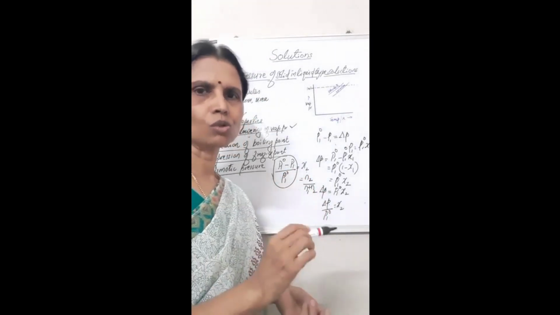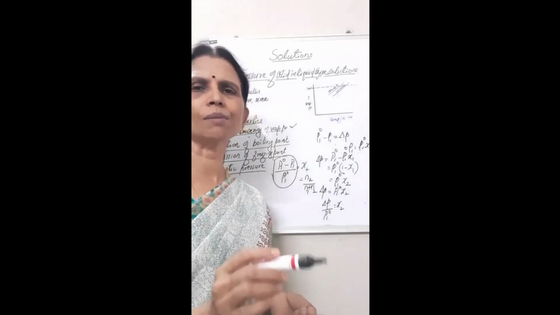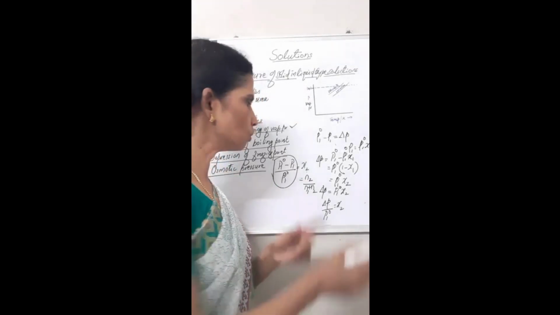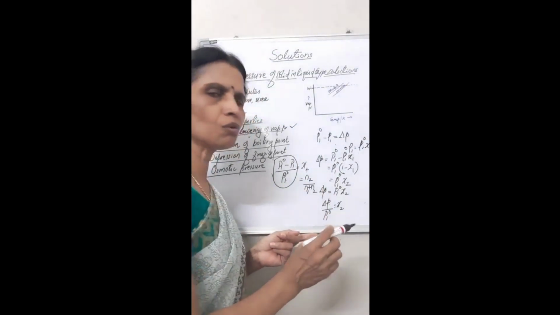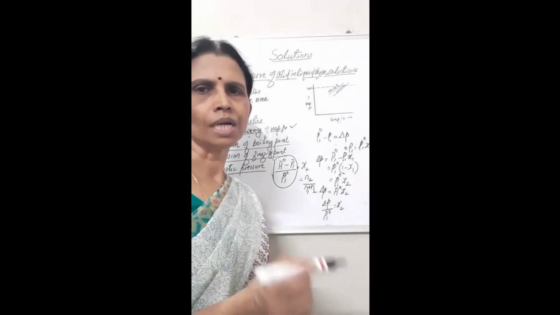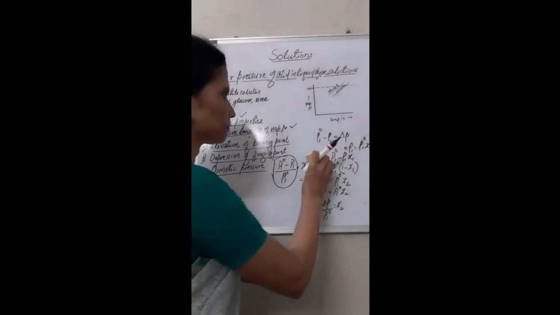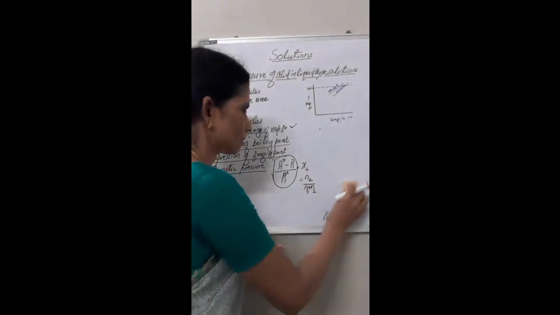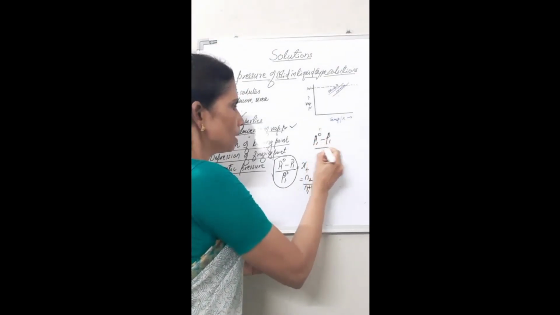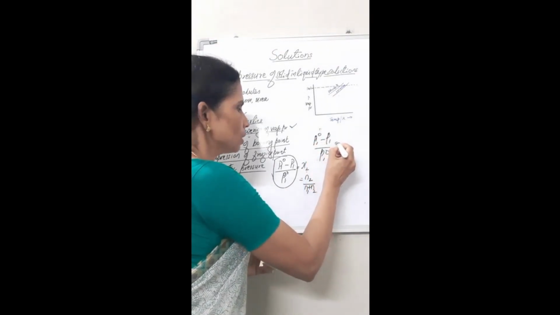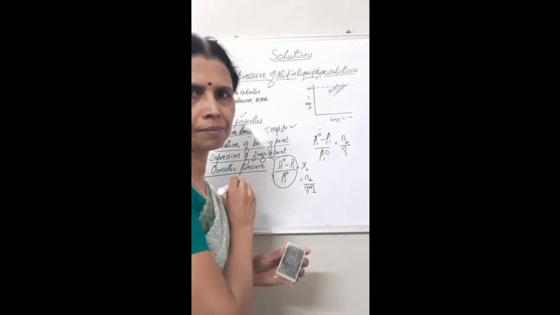Then in a dilute solution, N2, the number of moles of solute, will be very small compared to the number of moles of solvent. Therefore N1 plus N2 will almost be equal to N1, and we can write (P1° minus P1) by P1° is almost equal to N2 by N1.